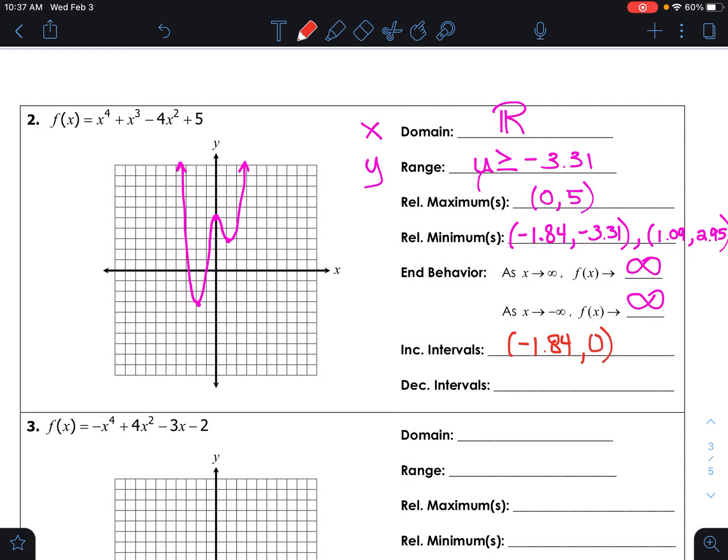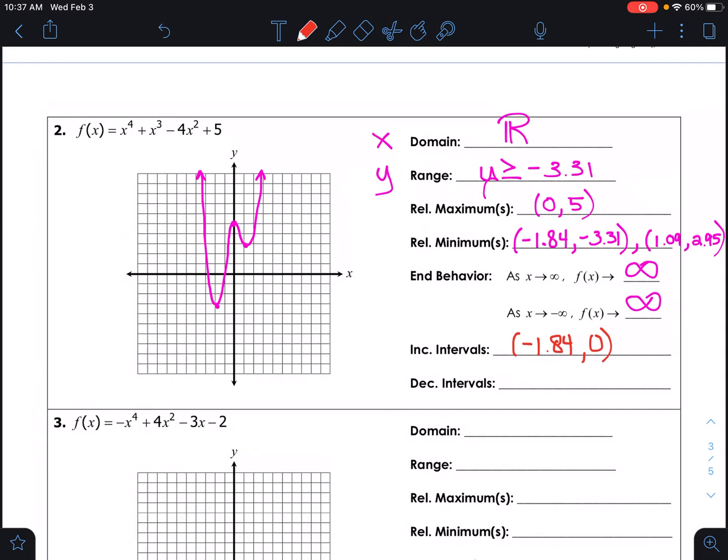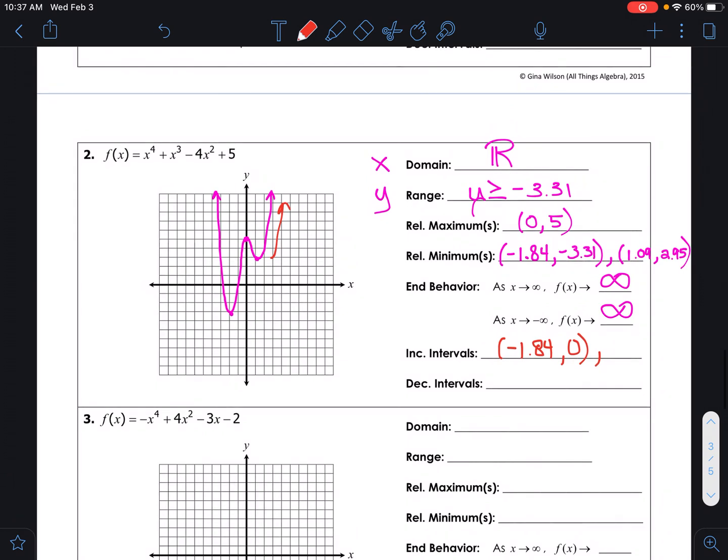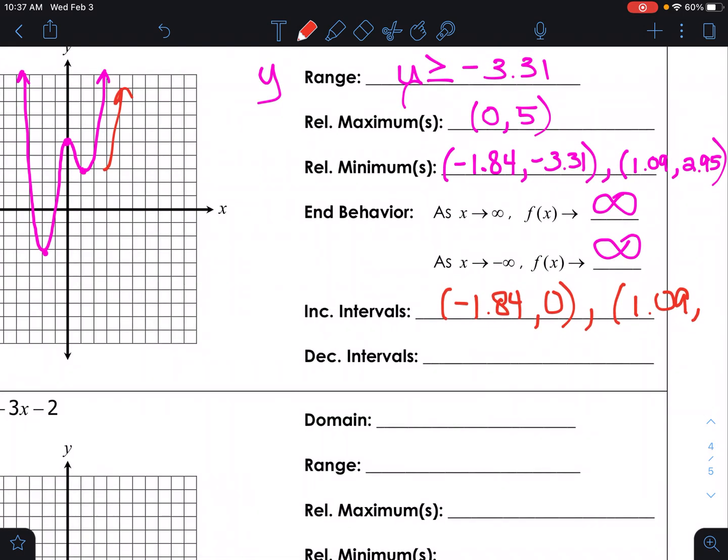Notice those are my x values. And then it's also increasing from here to here. So that would be, let's see, 1.09, comma, infinity. I'm going to move this over. Okay, those are my two increasing intervals.